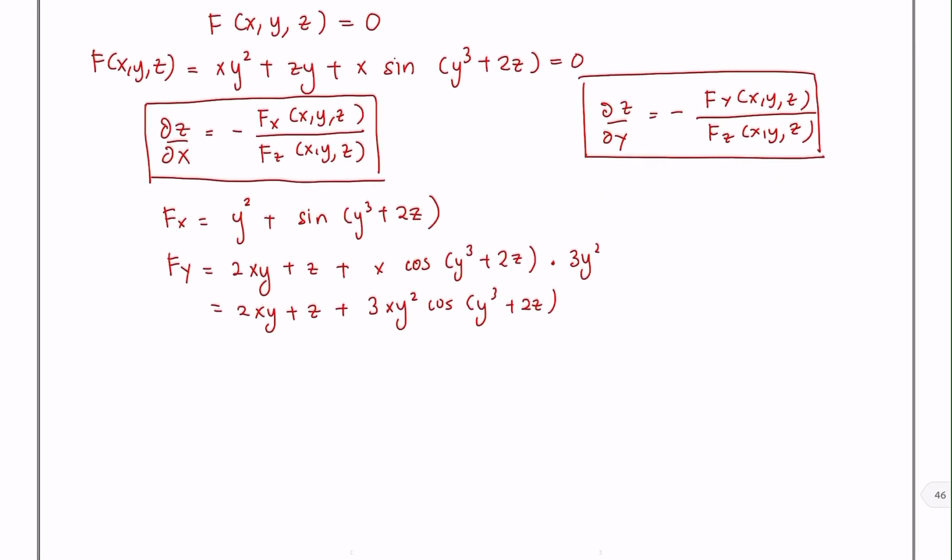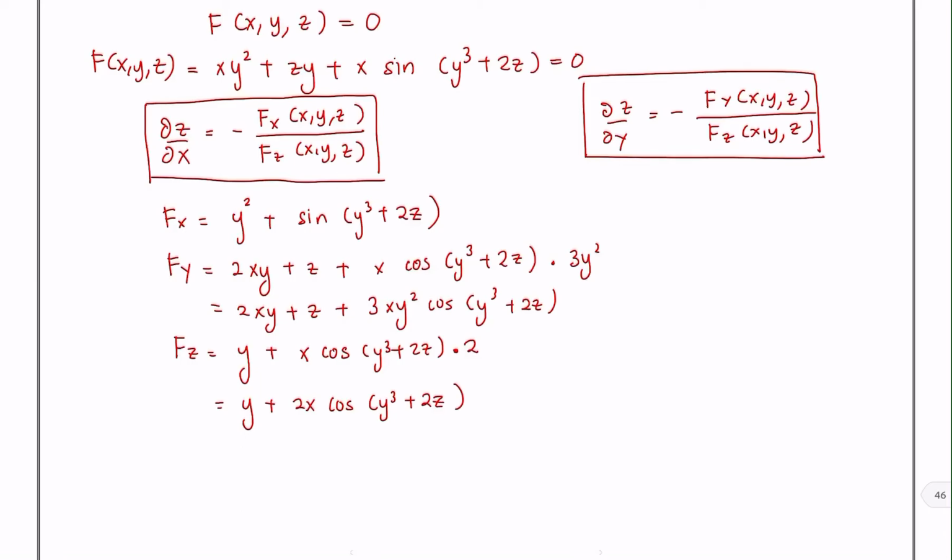Now we want to find f_z. F_z is equal to, xy squared is 0, zy is y, plus this time x cos of y cubed plus 2z, and this time we need to multiply with 2. So it is equal to y plus 2x cos of y cubed plus 2z.